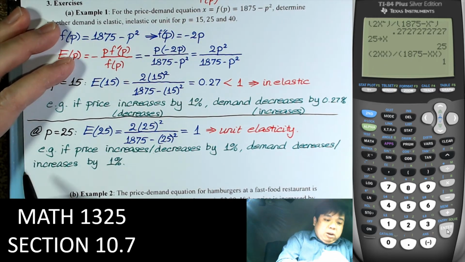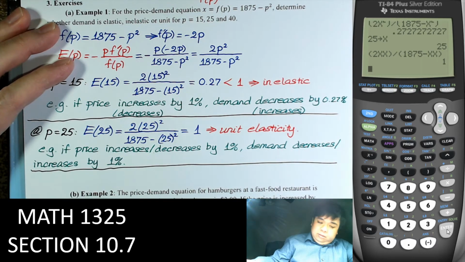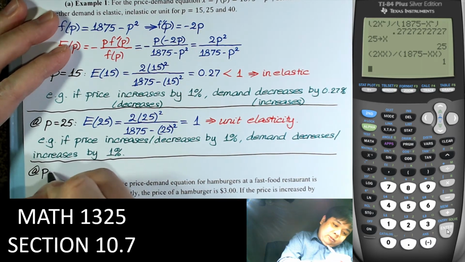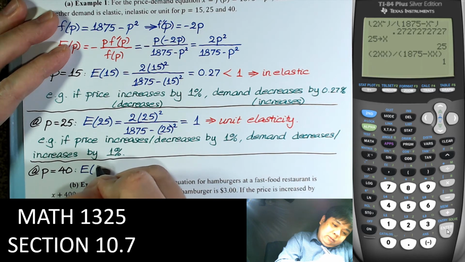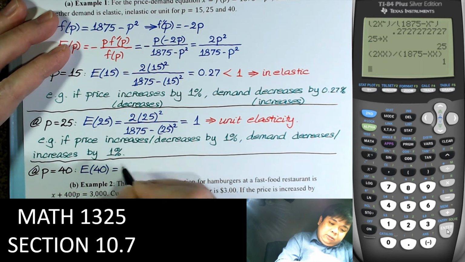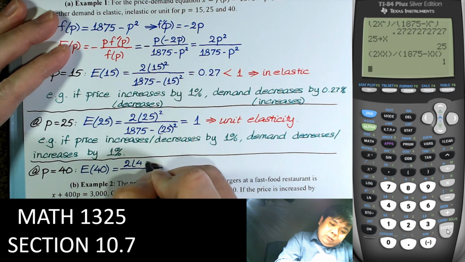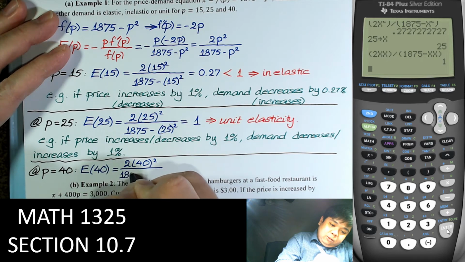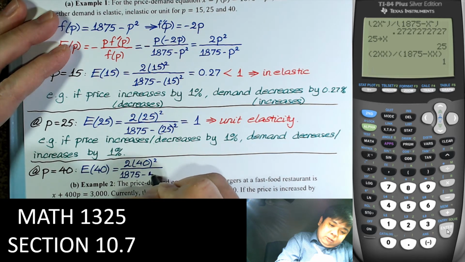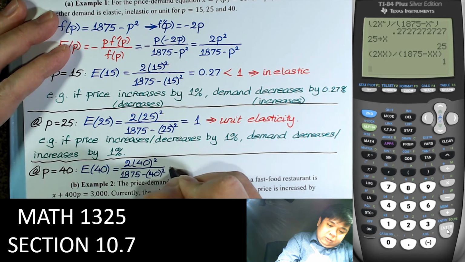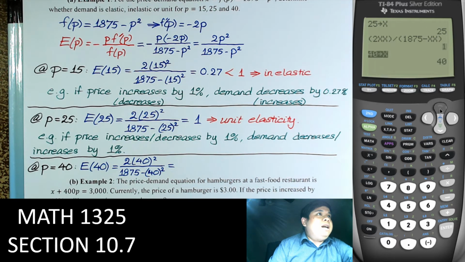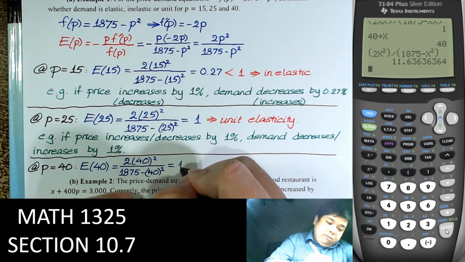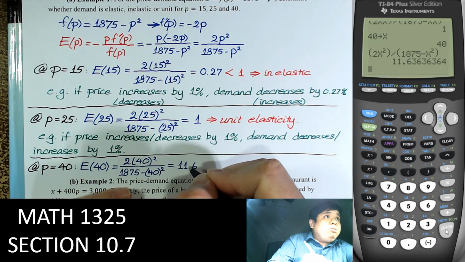And then next, of course, when p equals 40, because now we take 40 and store it into x, and I just highlight it, hit enter, copy and paste, and we have 11.64.